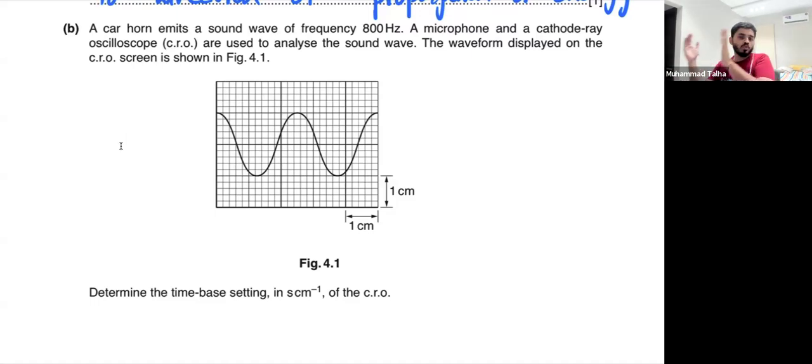And adjacent loops are 180 degrees out of phase. So we talk about points like that with respect to loops. How does phase difference work? What's the question?